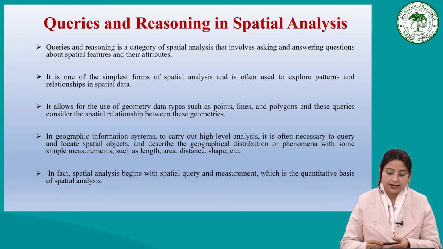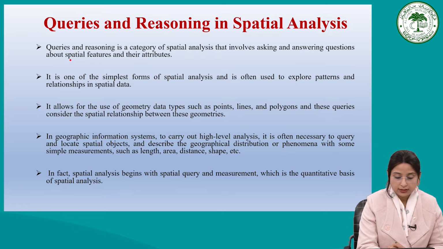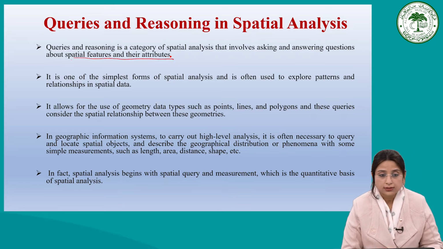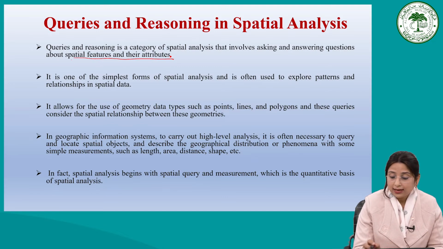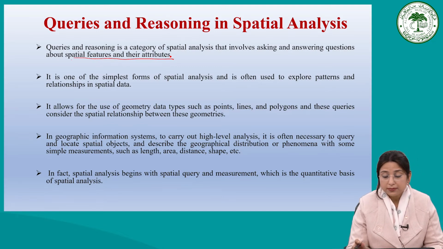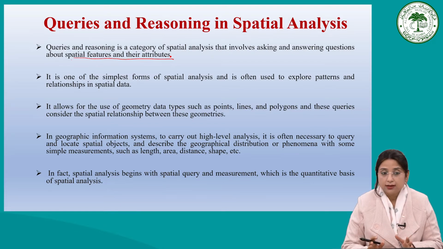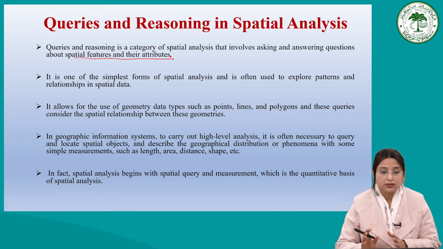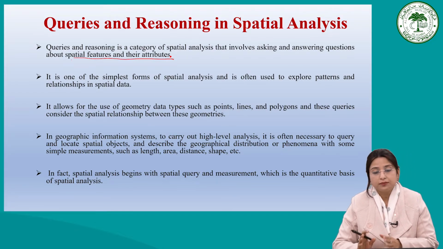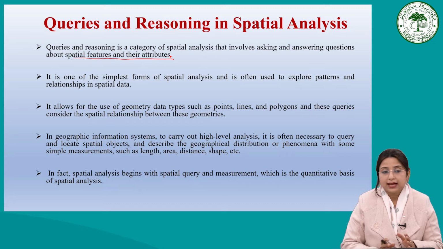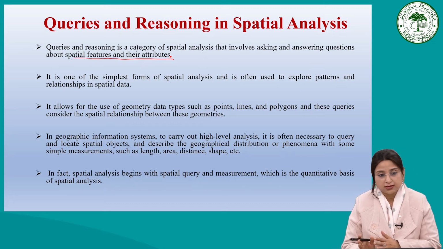Why is it said that it is about asking about the spatial features and their attributes? Because it is a type of spatial analysis, meaning related to space. When we talk about spatial analysis, it means we are doing some work related to spatial features, objects, and their attributes. In simple language, we can say related to vector and raster data.